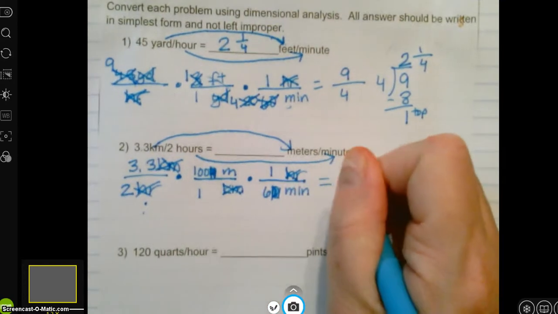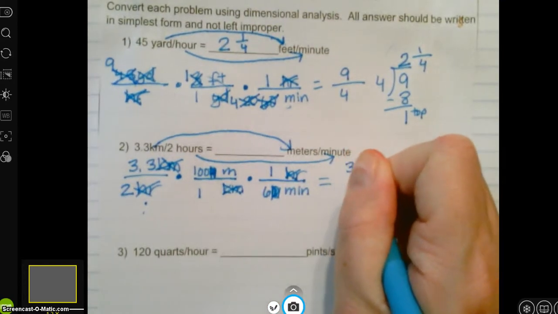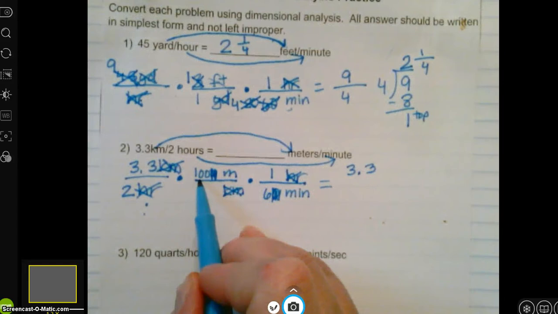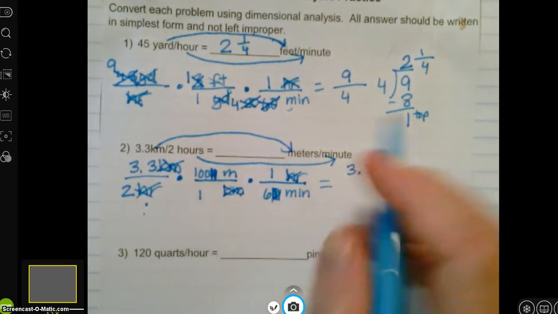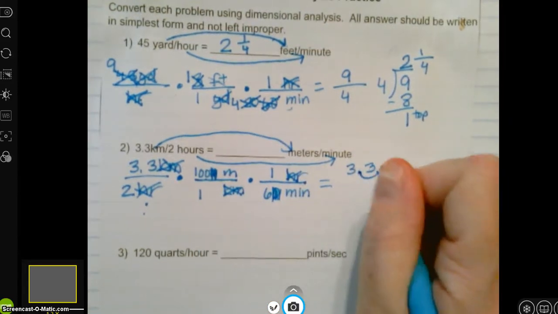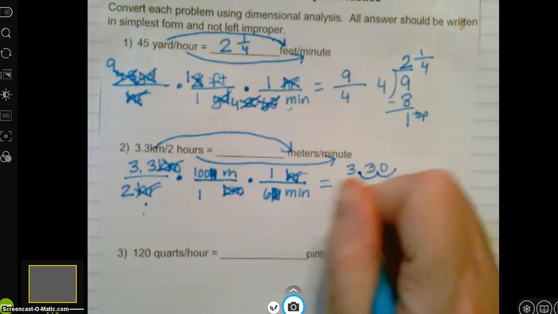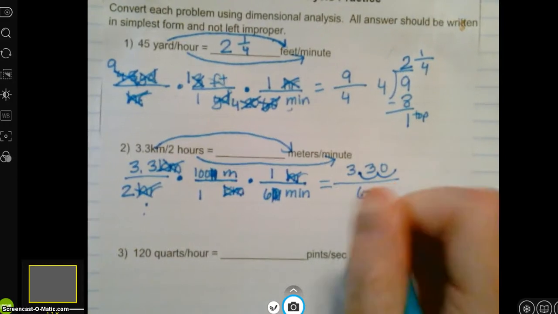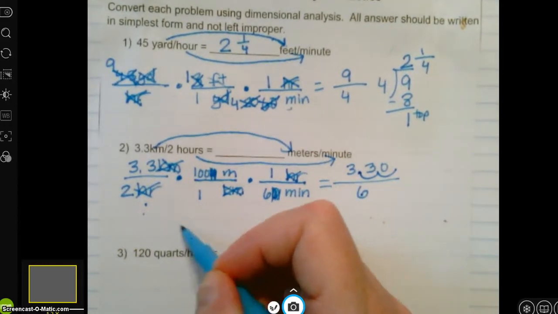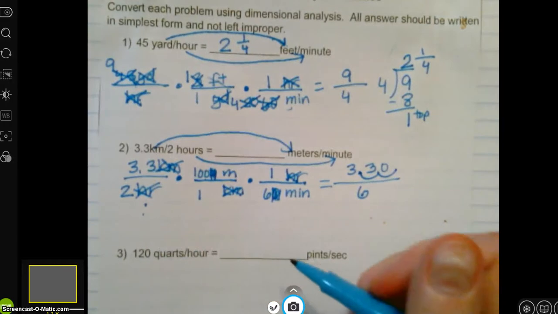This tells me I can move my decimal 2 times to the right, making it bigger. So 330 over 6. If the 100 was on bottom, I would be moving it 2 places backwards.